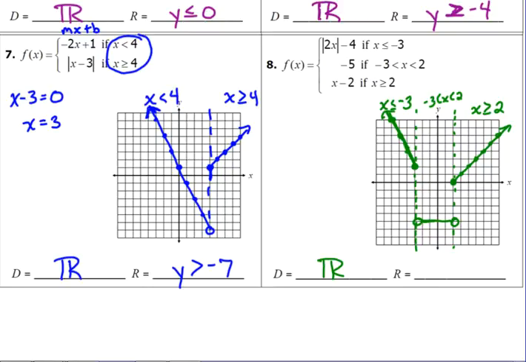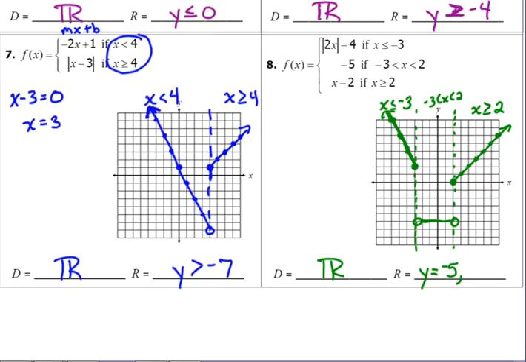Now, the range is a little weird. Let's start at the bottom. We don't have any y values, we don't have any y values, we don't have any y values. Then all of a sudden, at negative 5, we got y values. But that's the only place until we come up here and there's a gap right here.